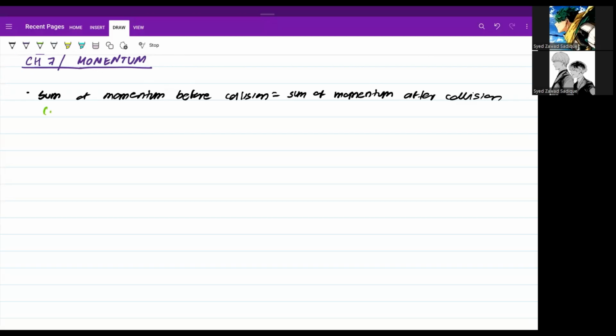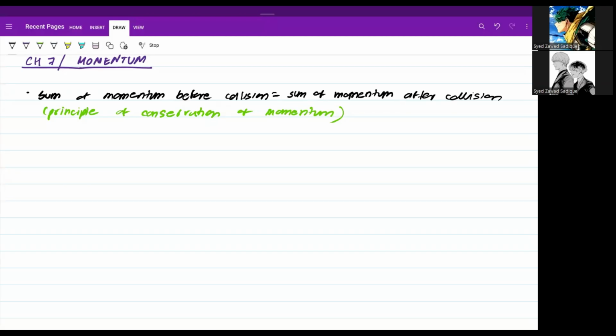This is also known as the principle of momentum or principle of conservation of momentum. Now, this is very simple. You learned this in O levels. Sure, in A levels we went into a bit of depth in AS, but it is what it is.